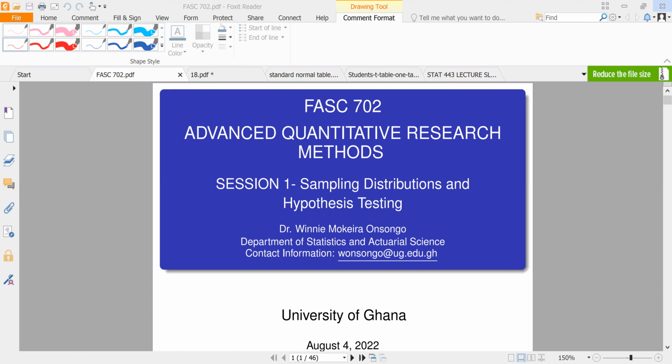In sample surveys, I can choose to use primary data or secondary data, depending on the parameter of the population I want to estimate. I can improve on the efficiency and accuracy of my estimator based on the methods of data analysis that I'll be having. So yes, I can even go borrow knowledge from people in health sciences. I can borrow knowledge from people in chemistry, because research does not necessarily have to be narrow.